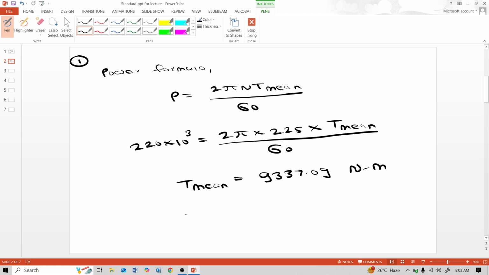And from this T mean we will find T max, because we know the relation between T max and T mean. T max is equal to 1.4 into T mean.